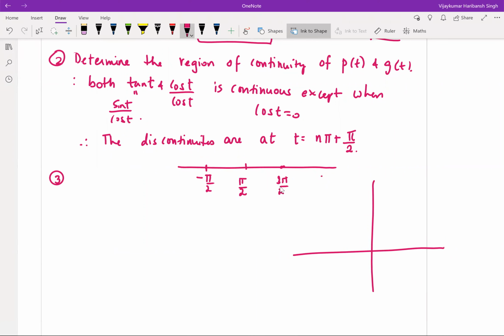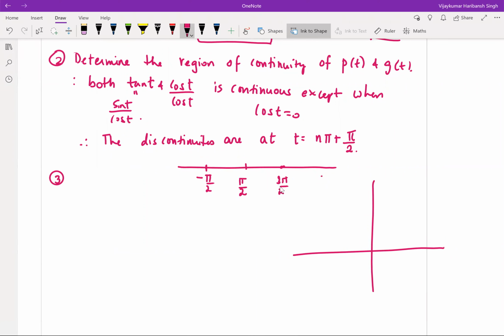So therefore, since pi lies in which interval? Pi lies in the interval pi by 2 to 3 pi by 2. The initial value is y of pi equals y naught.